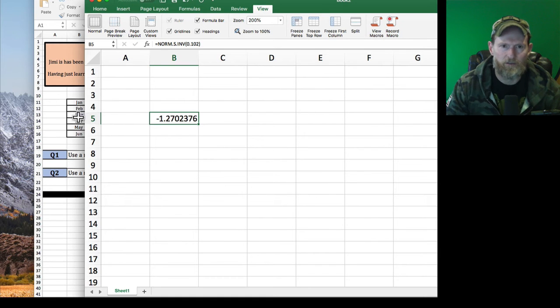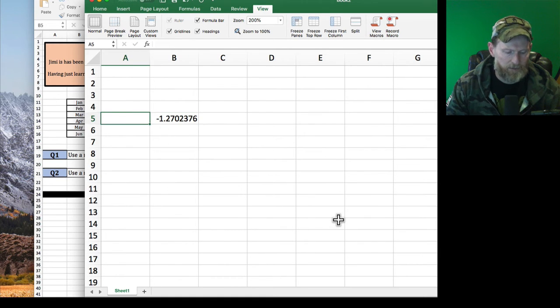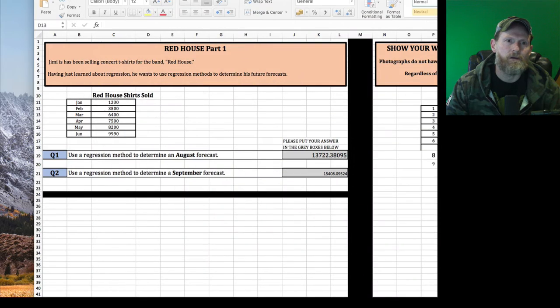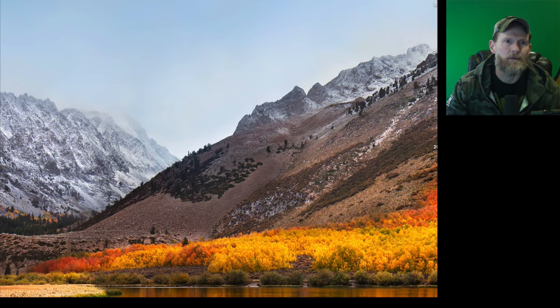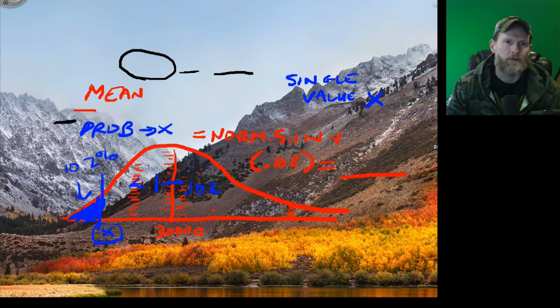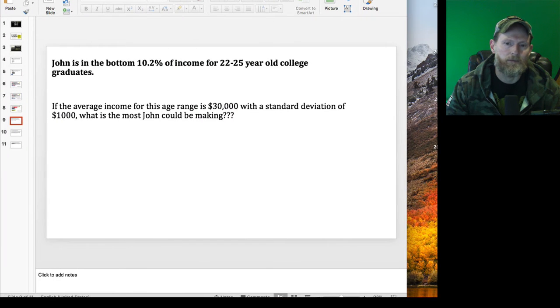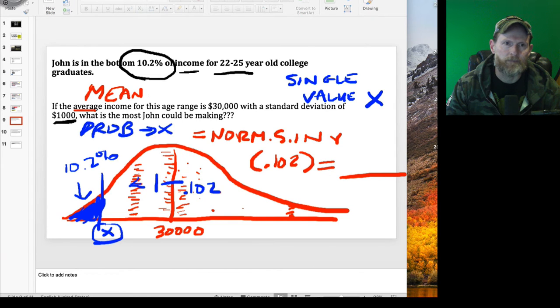Okay, so that's going to give us a z-score of negative 1.27. Let me wipe this down.